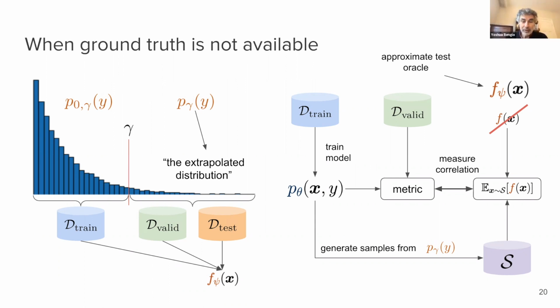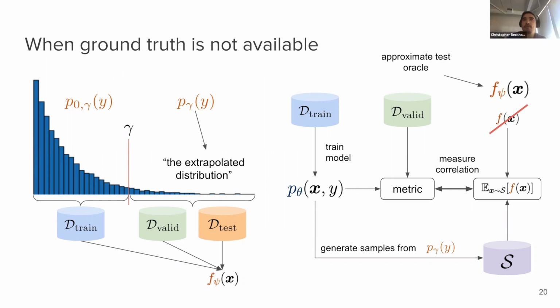And then you can also generate some X's and Y's that come from your P of XY, given that Y is supposed to be greater than gamma. Okay, the problem is you don't have F to know how good they really are. Is that the problem you're trying to solve?